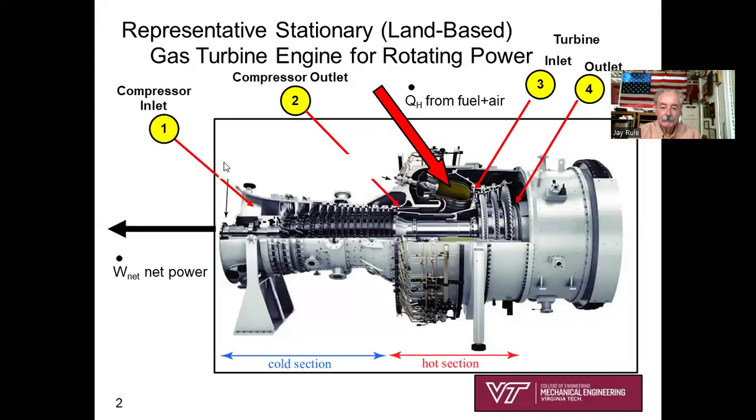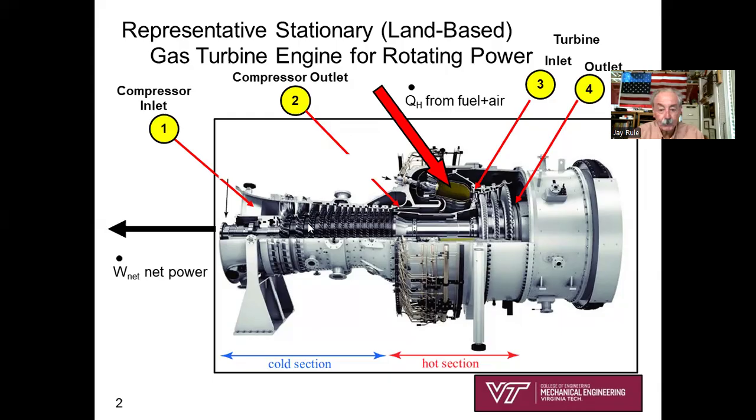So here is what a basic land-based, also known as stationary, gas turbine engine looks like. How would we describe this thing first? Looks like an open system, doesn't it? Because we've got mass flowing into the inlet here.